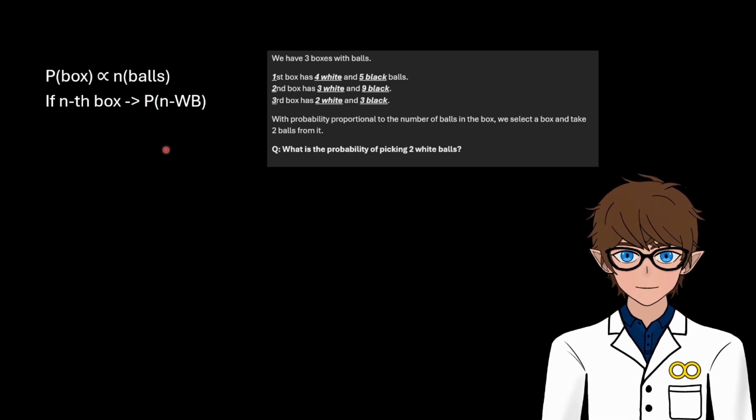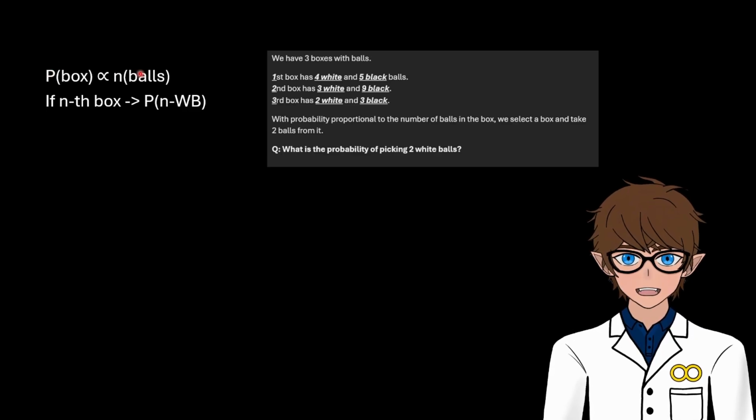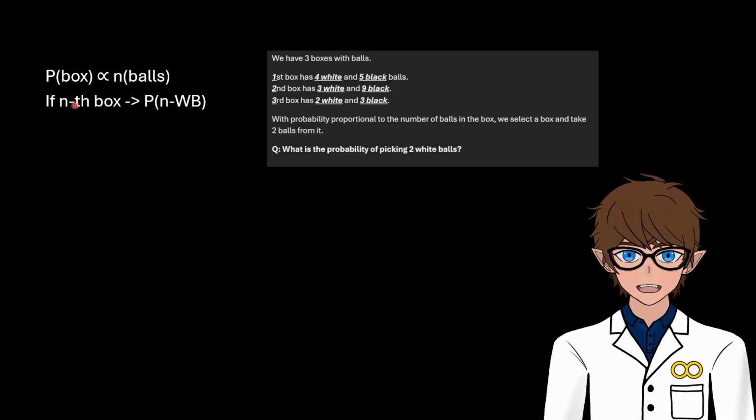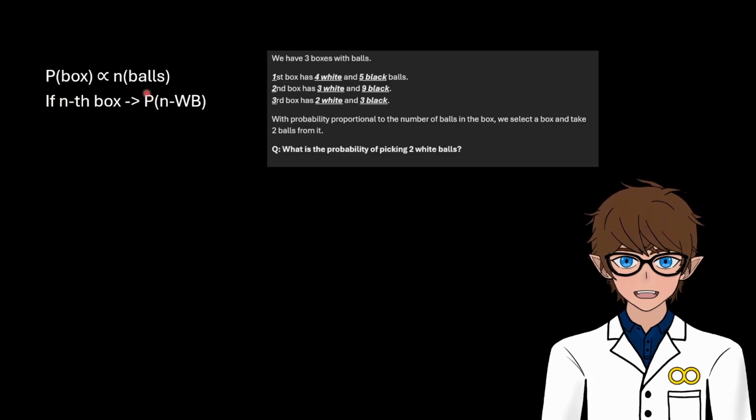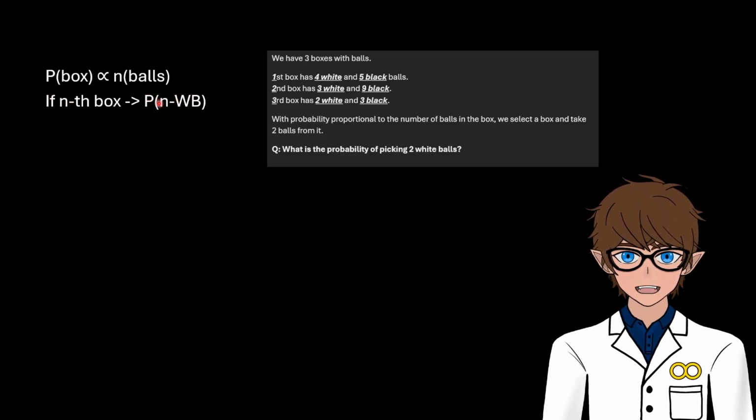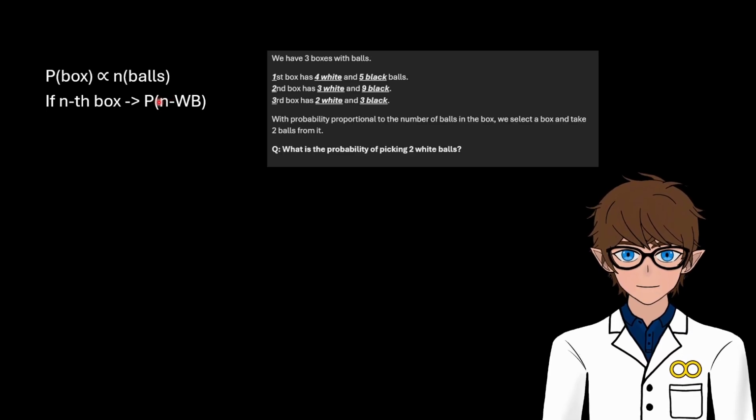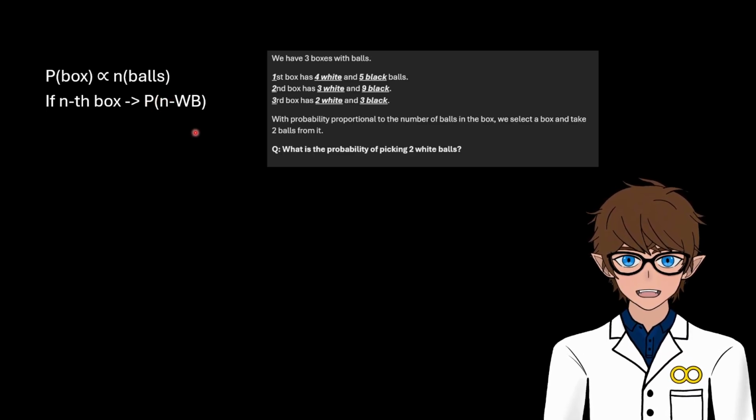And yes, so here I basically wrote the probability of picking a box is proportional. We remember this symbol. And then, if we take the nth box, we have to know the probability of 2 white balls being picked in that nth box. I think this is all we need, so let's see the formula.